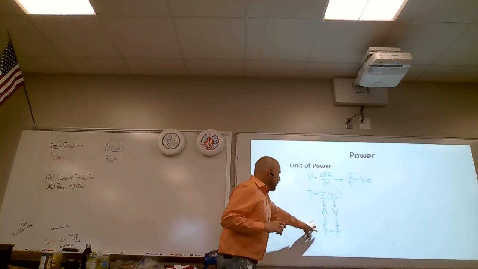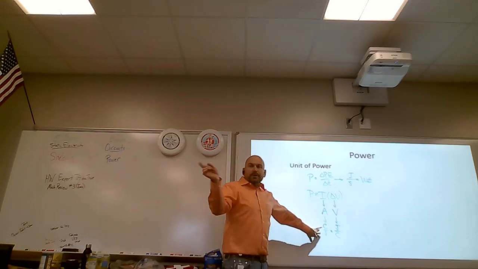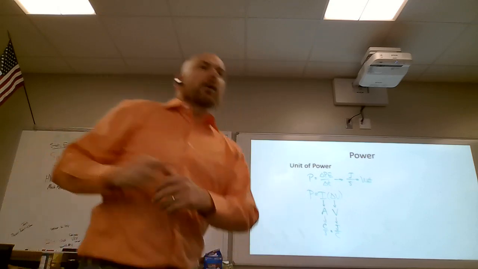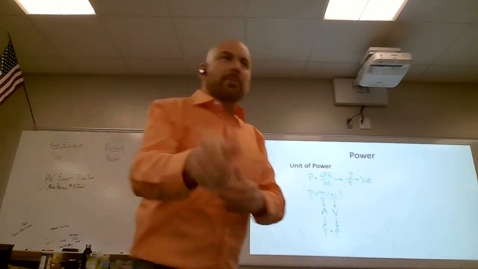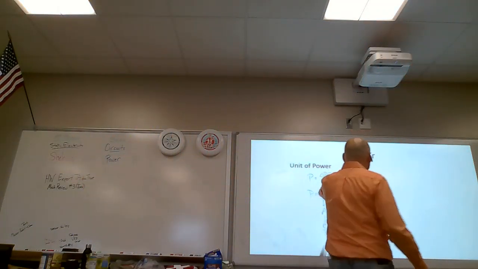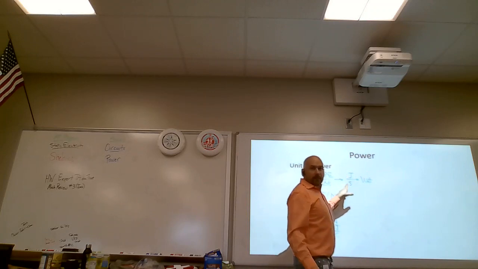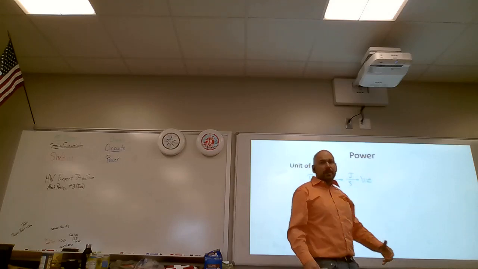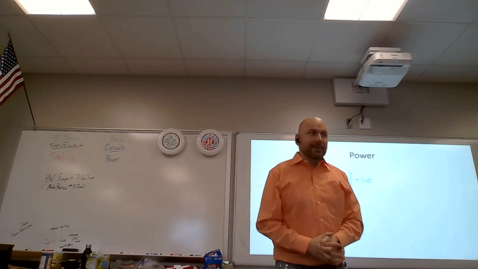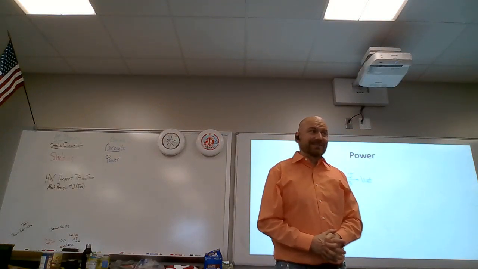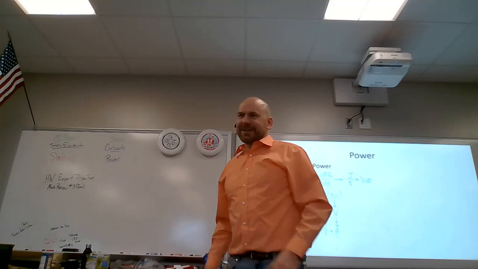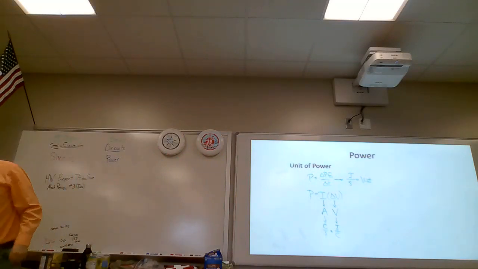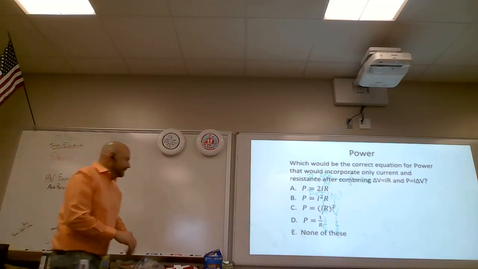But if I know the rate at which the electrons are passing by, how many electrons are passing by every second, I can figure out how quickly energy is being converted into a different type of energy, the rate at which energy is being converted. Okay, anyway, questions on that? For me, I wish someone would have done that for me back in the day, but all right.